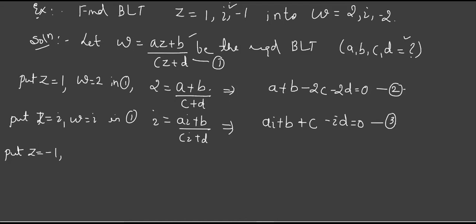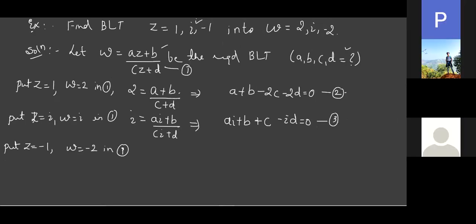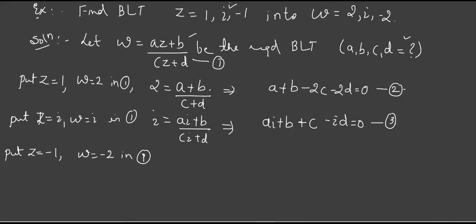Put z equal to minus 1, and what is w? Minus 2. Again in equation 1. So what happens to equation 1? This is minus 2 equal to a into minus 1, means minus a plus b divided by minus c plus d. Correct? My z is minus 1. Again, already what we have is minus a plus b.